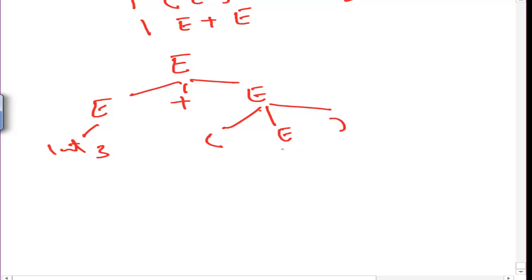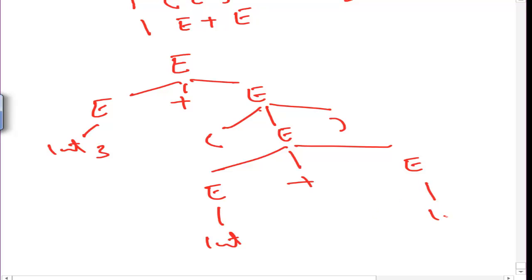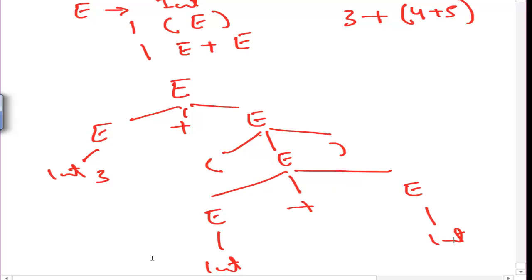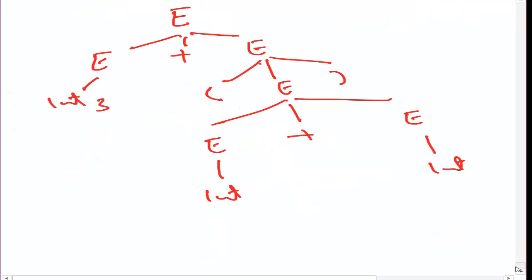After that, this E will be expanded again to E plus E, because I want to match it with my string. So then I will have the int here, and this one also with an int. And if you see, there is a 4 plus 5, say this is the int 4 and this is my int 5.